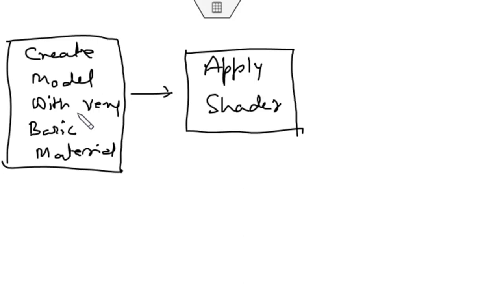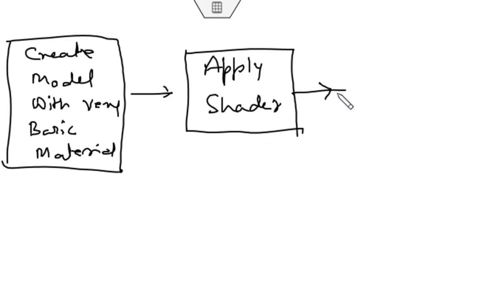So every material always contains a shader in order to provide the final effect of the real object. There are various shaders available, like the diffuse shader which provides a matte look, the specular shader which provides a shiny look, and the transparent shader. There are various shaders available, we will see them later.